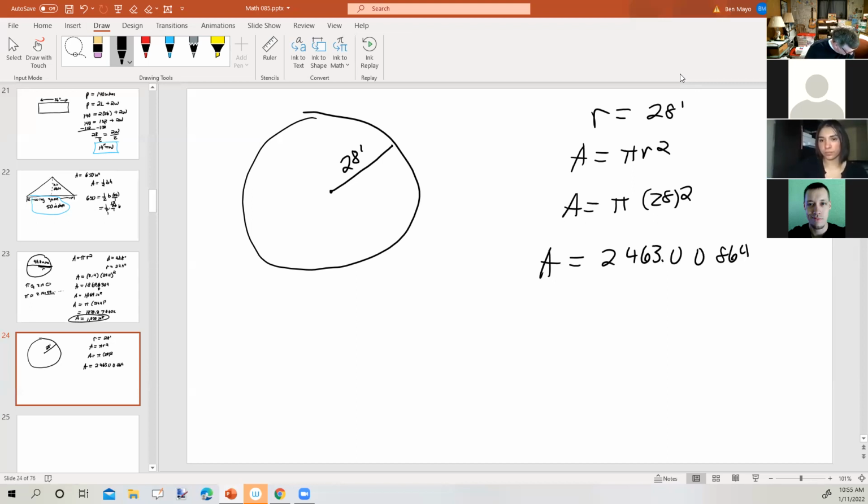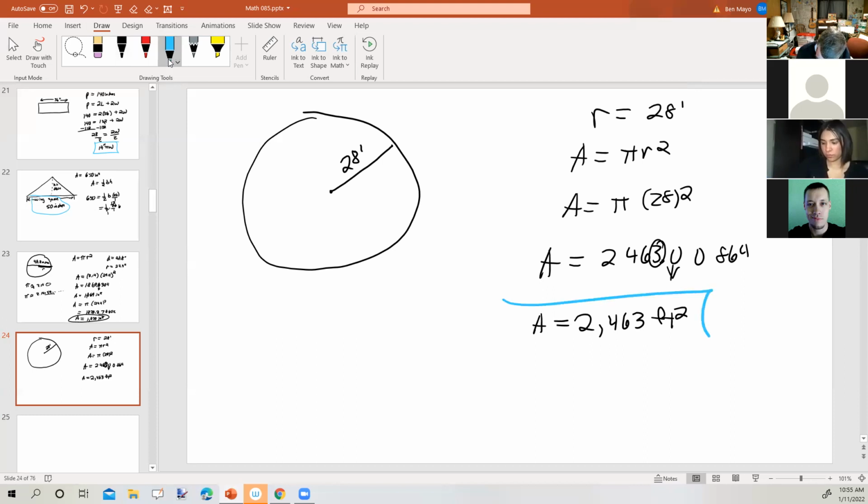Let's see, it says round to the nearest square foot. So that would be right there. The 0 would round down. So 2,463 square feet would be the area. Okay, any questions there?